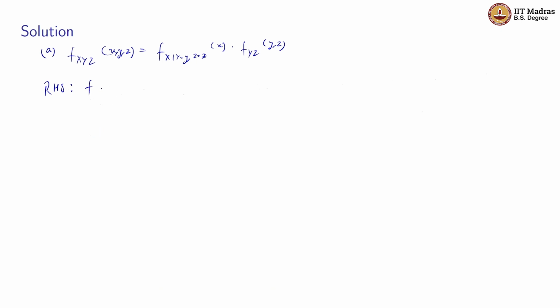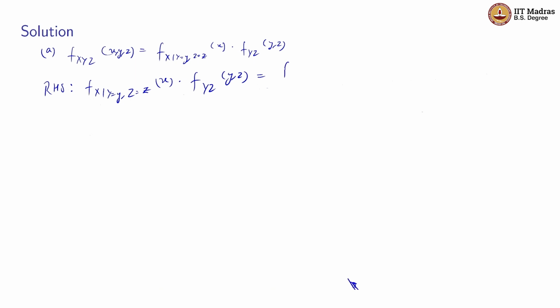RHS is conditional of X given Y and Z into joint of Y and Z. On further simplification, we can write conditional as joint by marginal.